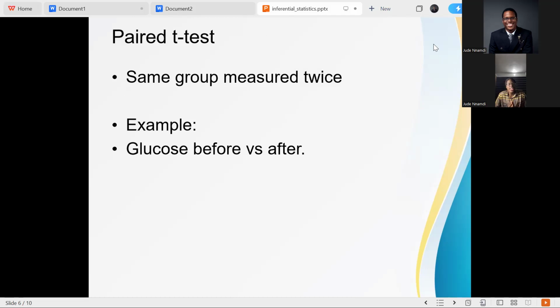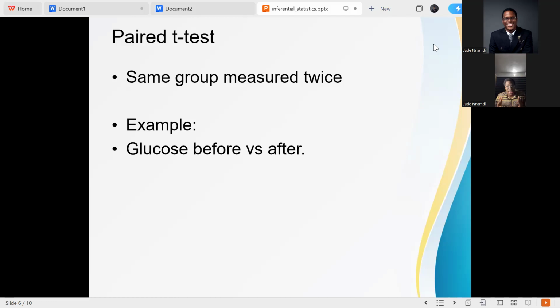The paired t-test uses one group, the same group. However, it measures the difference in this group at different times. I'm going to give you an example. You have a group of 10 patients, and you want to measure their glucose level in the morning and in the evening. Or you want to measure their cortisol level in the morning and in the evening.